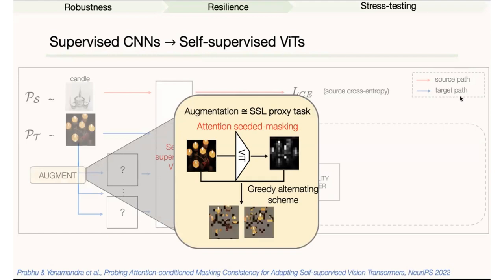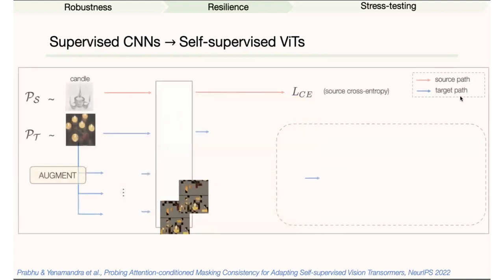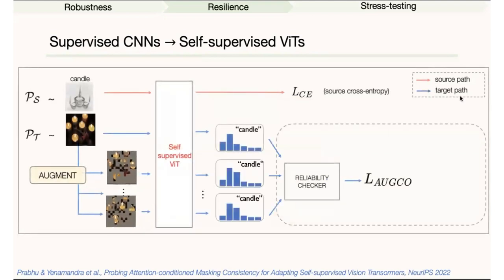We can generate multiple masked versions of the same image using the attention to seed that and make sure we are capturing salient regions. We can use those as our augmented views that we measure predictive consistency under. We show that this works better than our previous scheme when you're working with a self-supervised ViT. The main finding here is that we want to design a reliability probe that mirrors the self-supervised learning objective.